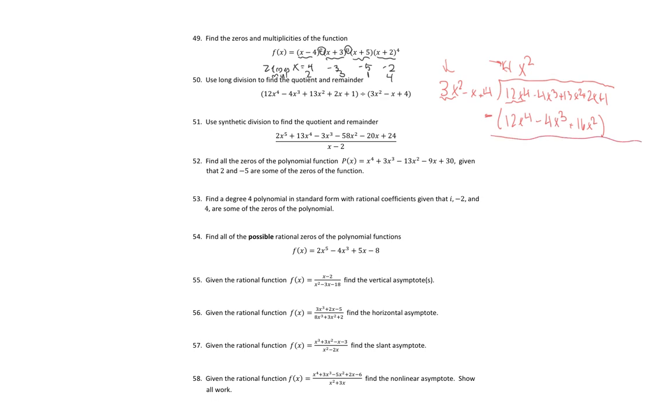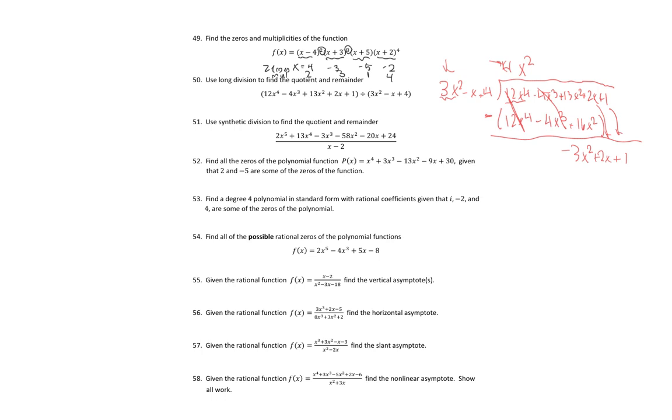So 12x to the fourth minus 12x to the fourth, those cancel. Minus 4x to the third, minus minus becomes plus, these cancel. 13 minus 16 is going to be minus 3x squared. And then this 2x gets brought down. And this plus 1 also gets brought down.